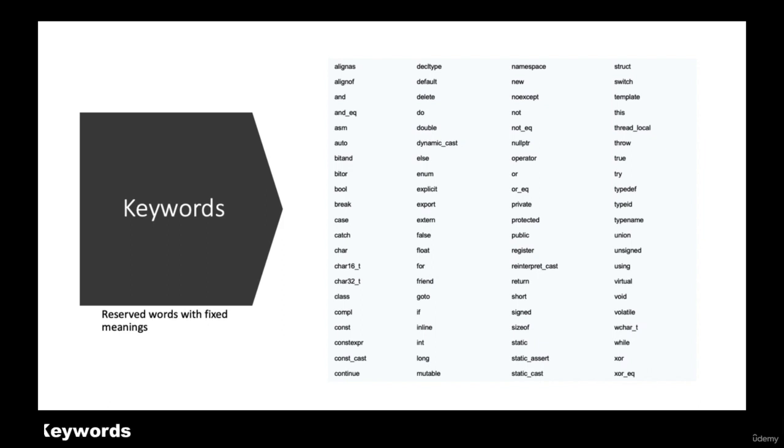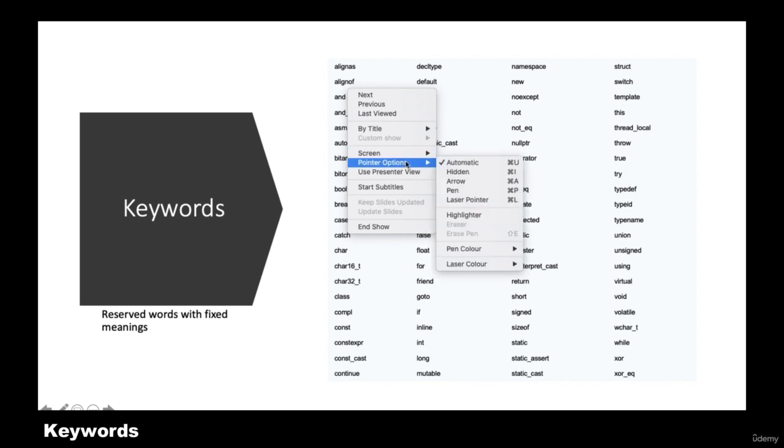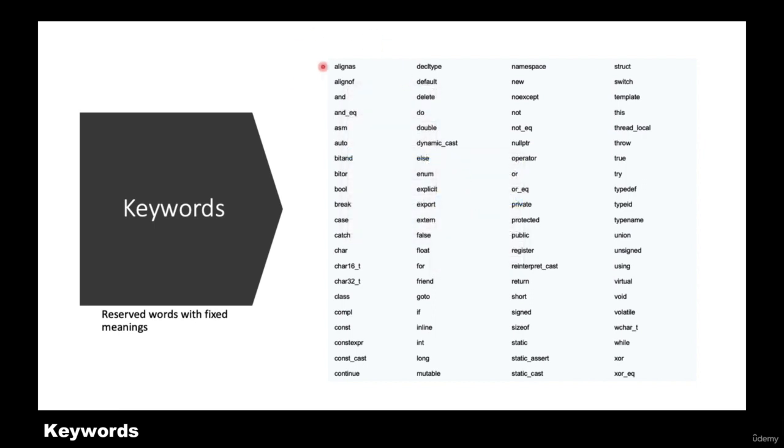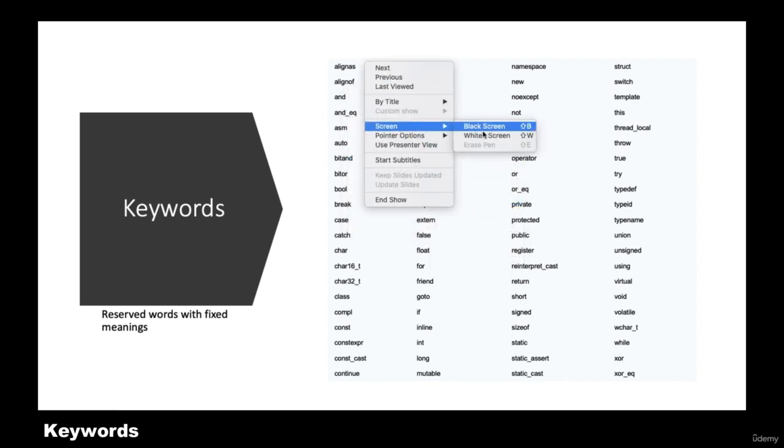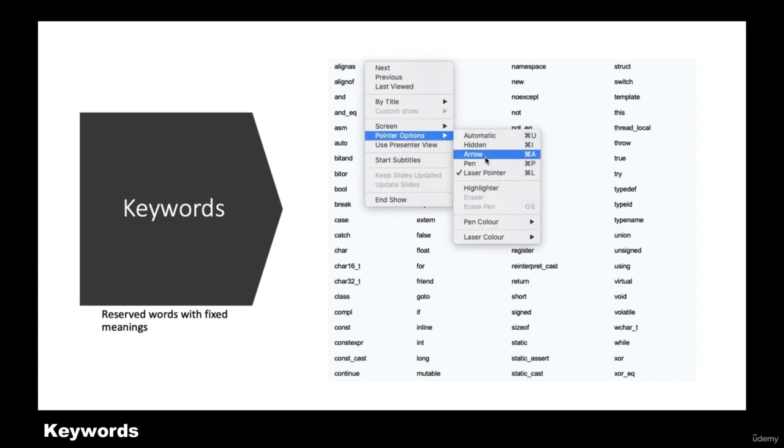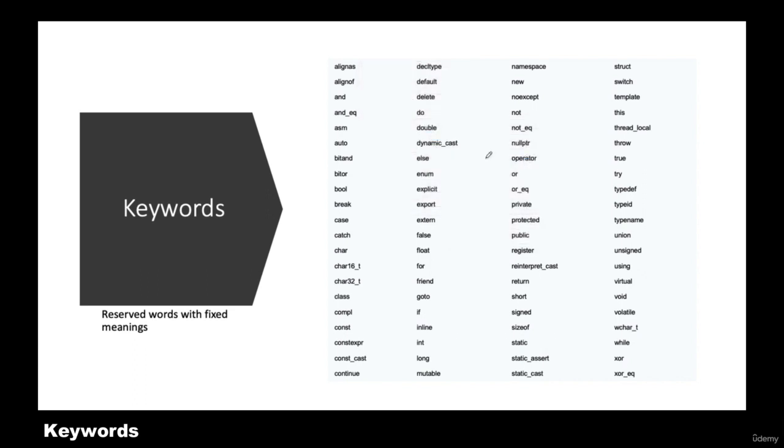C++ has more than 100 reserved keywords which have a specific meaning. Taking some of the famous keywords, suppose break, it's a keyword.